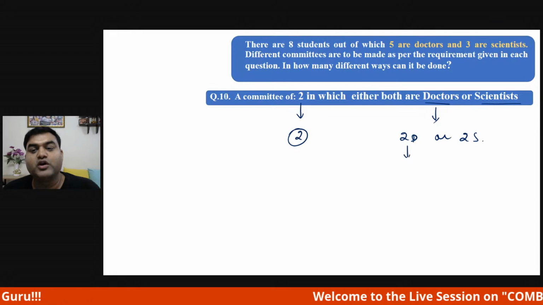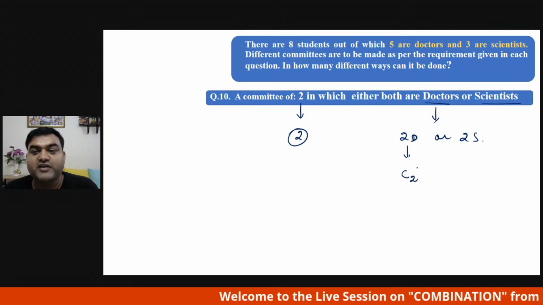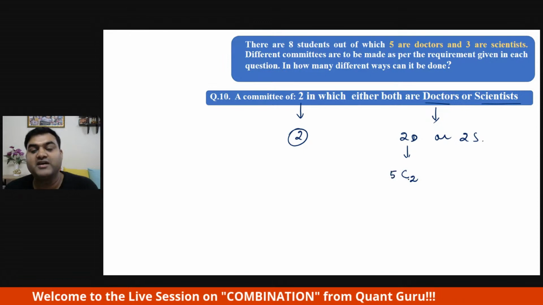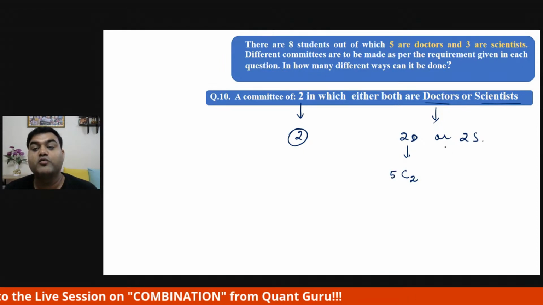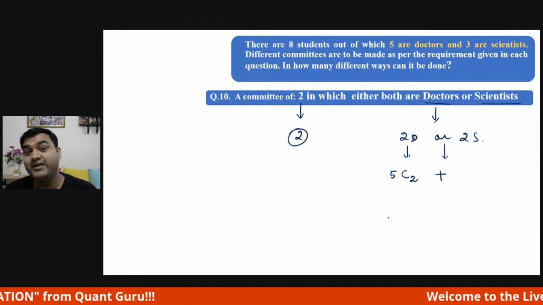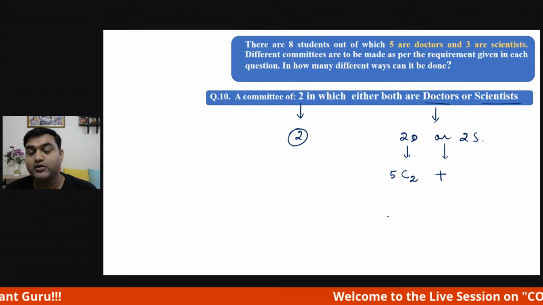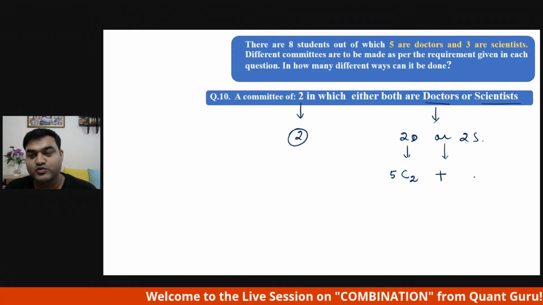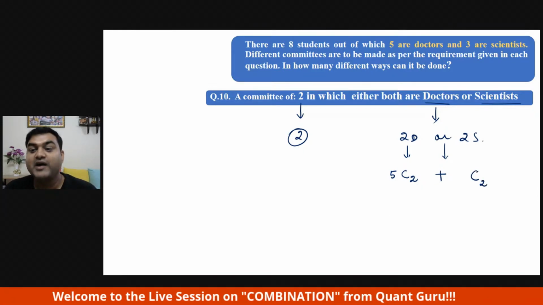If it was 2 doctors, then 2 doctors out of how many doctors? Doctors are 5, right? Out of 5 doctors, it has to be 2 doctors. Or, what did I tell? For "or" you should write plus, and "and" is multiplication. Okay, 2 scientists. 2 scientists we have to choose out of how many scientists?